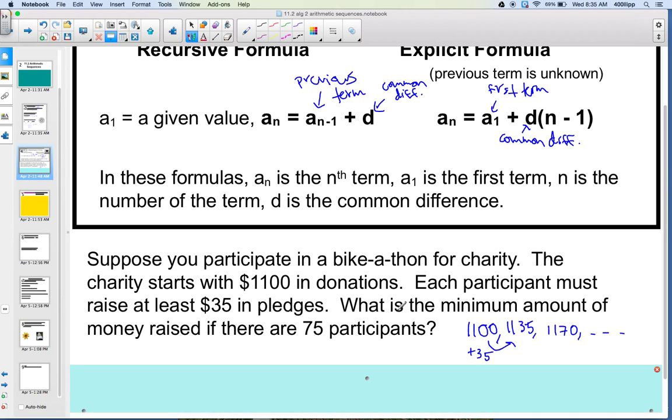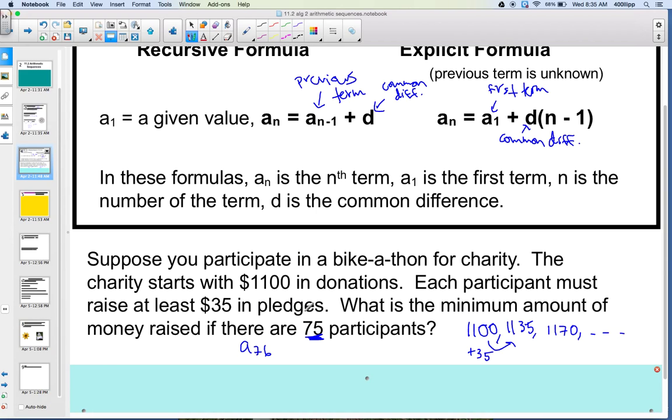So if we want to see how much money is raised, the minimum amount that's raised with 75 participants, that means that we would actually be finding a sub 76, because the first term has 0 participants. The second term has 1 participant.